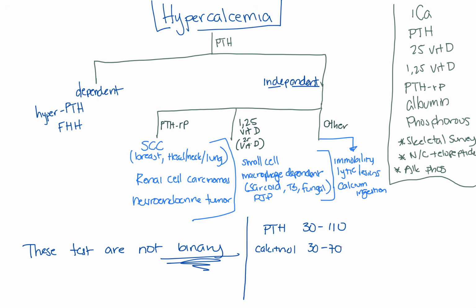But these hormones, these steroids, these things that we use are actually very sensitive to the surrounding environment. So, for example, when calcium is low, PTH can be quite on the higher side, such as 90, 100, especially in vitamin D deficiency.